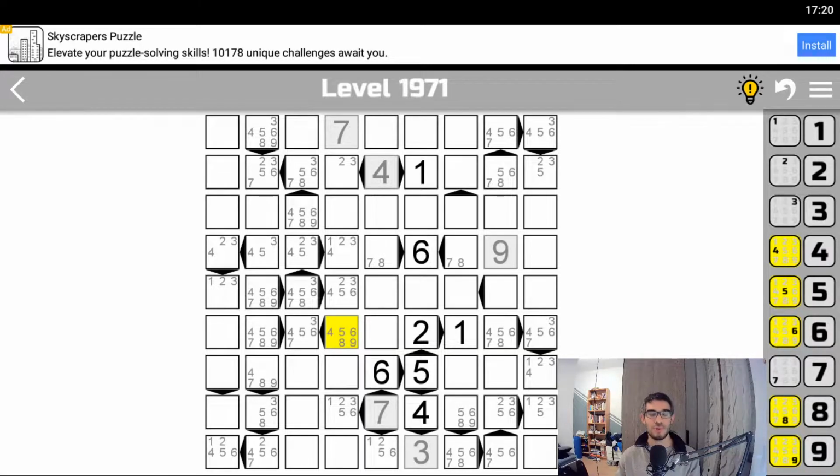And now I want you to pay attention to something. Remember, the numbers that you really want to focus on are normally the 1s and the 9s, so the extremes, because normally either you can't place a 9 because it's the highest number, so you can only place a 9 in certain spots, or you cannot place a 1 because it's the lowest.